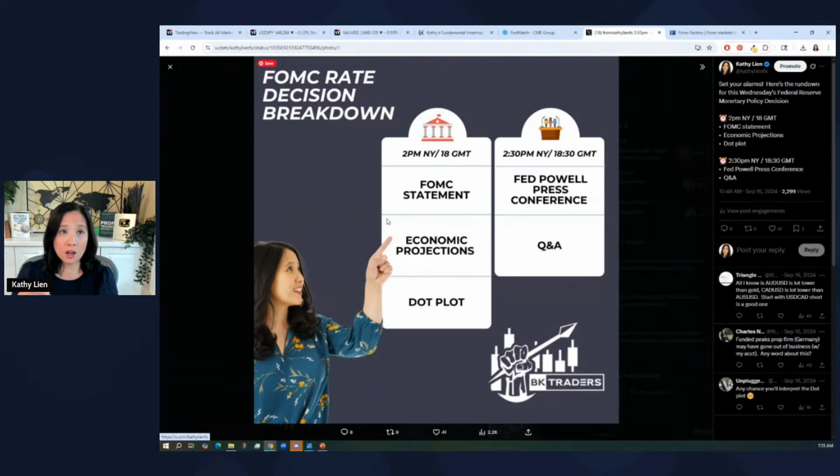So at 2 o'clock, we are going to get the Fed statement, and in the Fed statement is this decision, how much they are going to cut interest rates. At the same time, the headlines will come in. You will get the economic projections, which is what they think interest rates, GDP, inflation, and the unemployment rate will be by the end of this year, next year, and 2027.